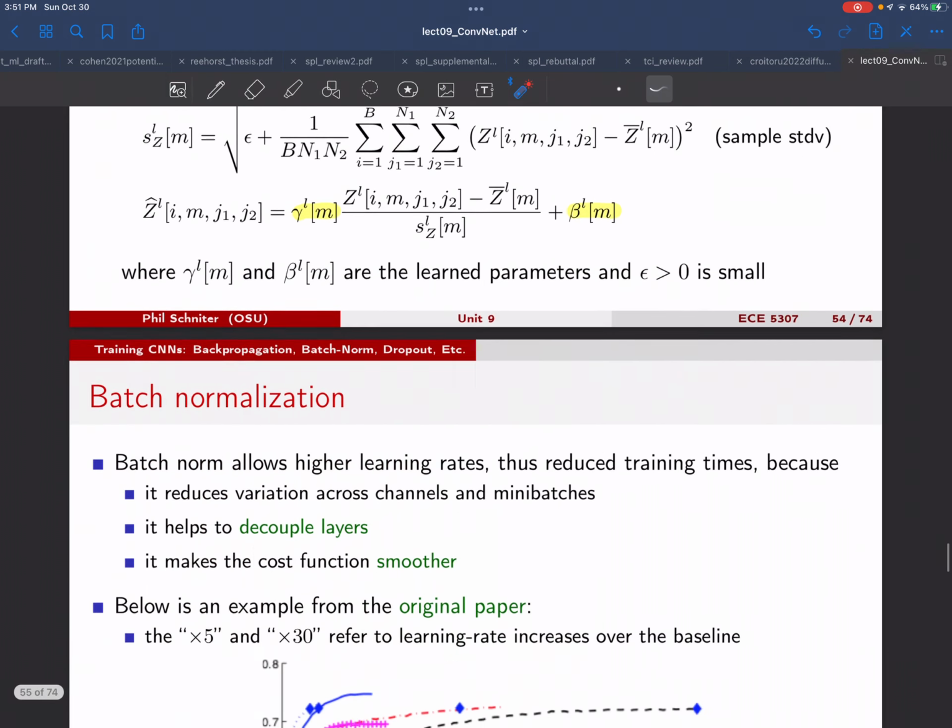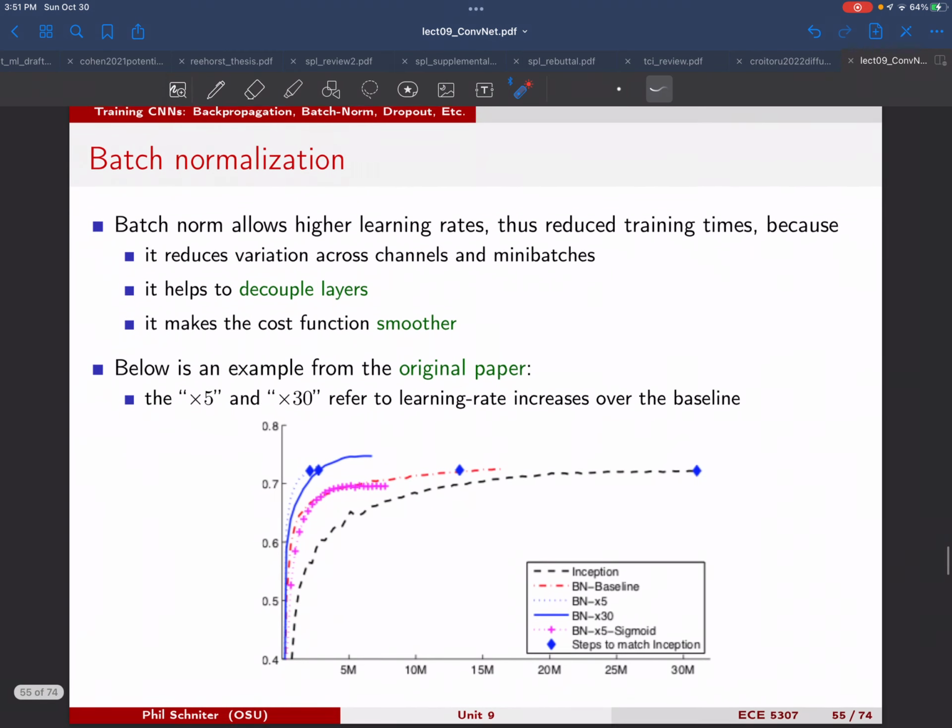Okay, let's see some of the results of this. This is an experiment from the original paper. This is for the Inception network, which we'll talk about a little bit later. This is over the number of training iterations, not epochs. So here we have 30 million.